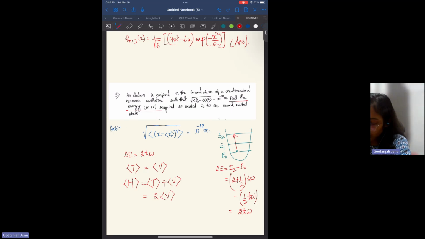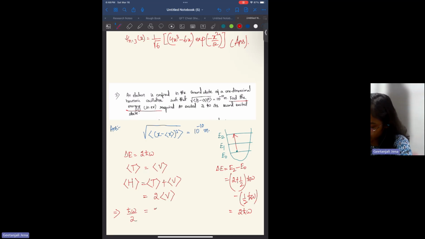For the ground state, initially the particle was in the ground state, so the expectation value of its energy will be the energy of the ground state, which is h bar omega by 2.